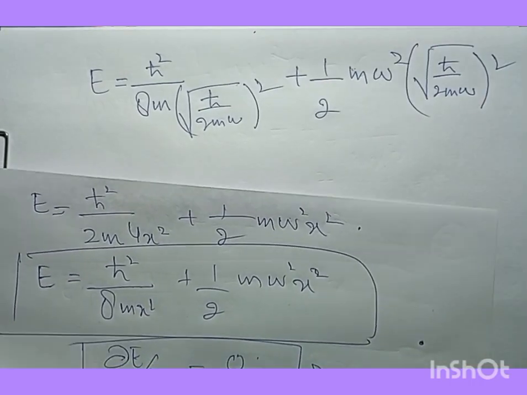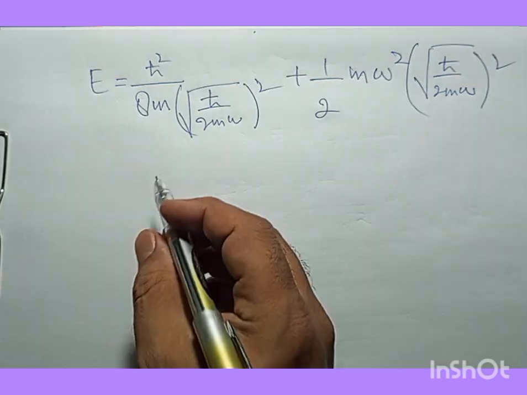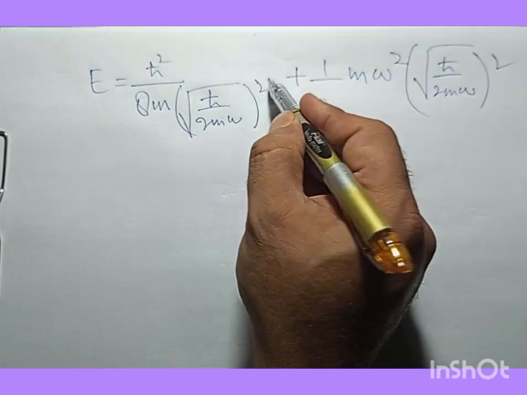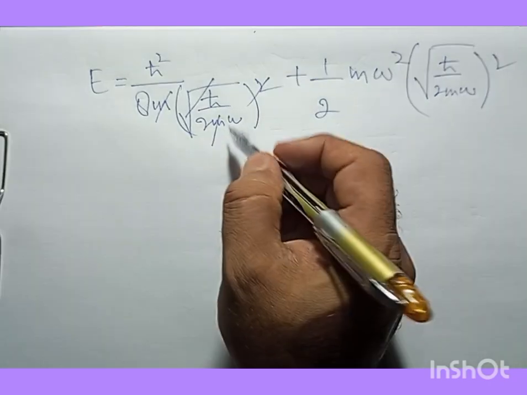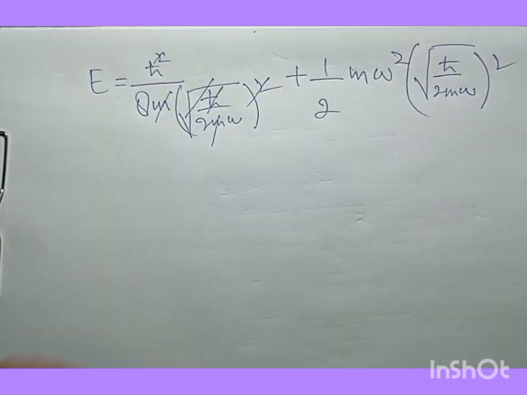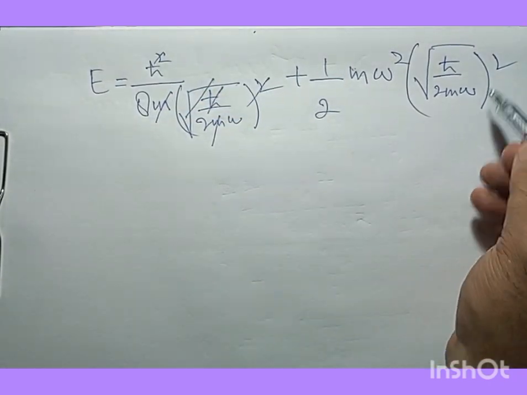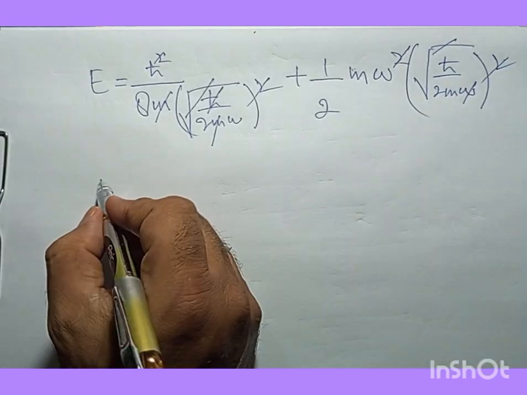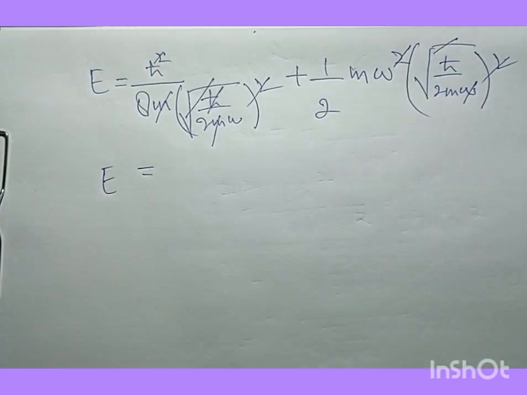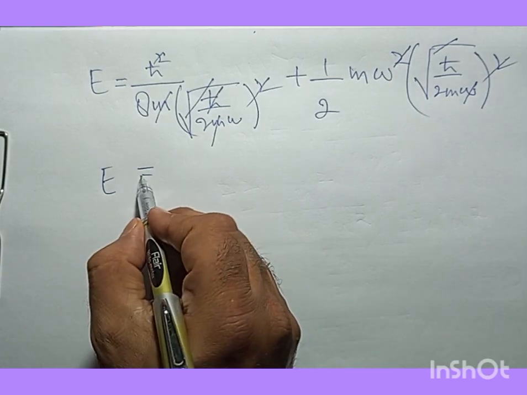Now let's see what's going to happen here. The m and m will go, the h cross square will cancel, and the omega square with omega will cancel. So E will be, not sure what we'll obtain here.